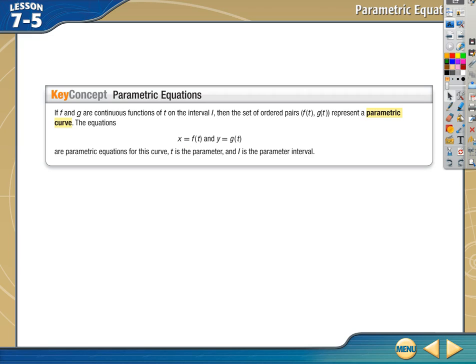Basically, here's the deal. In our old world, x was our independent variable, y was our dependent variable, and whenever we were modeling real world stuff, in the past, our real world stuff was always something like this, where time was here and this was either height, or maybe we had one here that talked about time and this was distance.